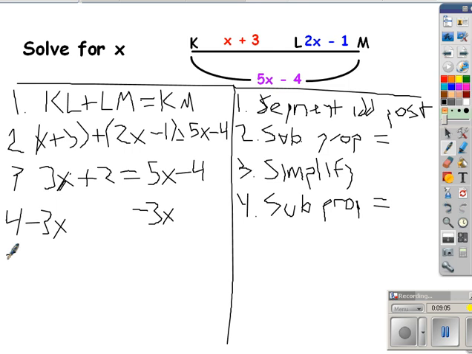I'm going to end up with 2 equals 2x minus 4. And I've just simplified the problem a little bit.